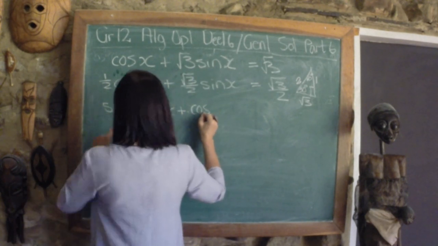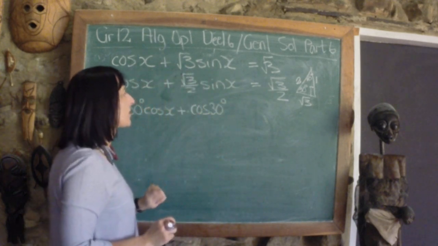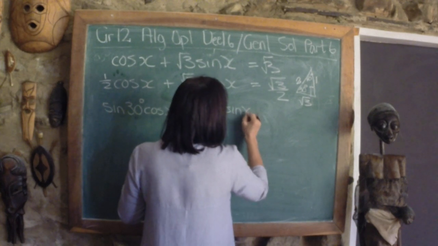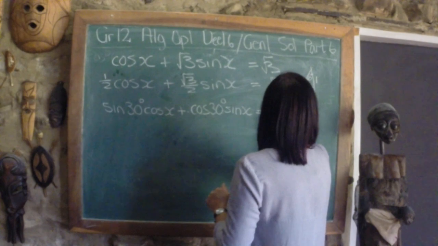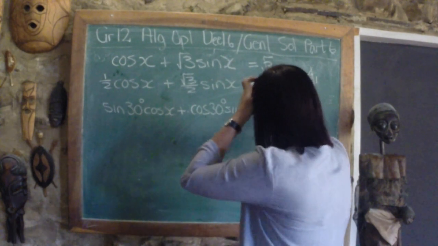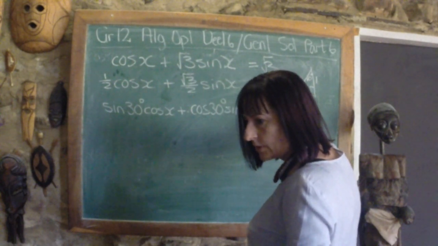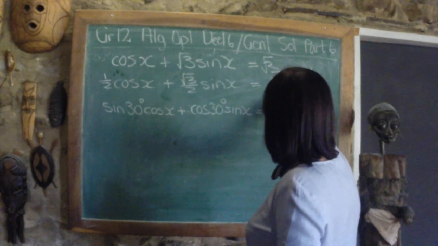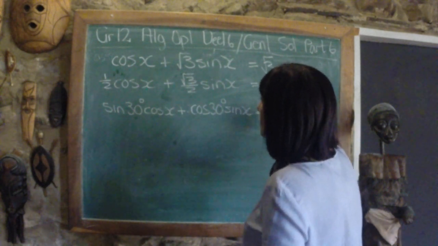If I look at 30, then I have adjacent on hypotenuse, so it's going to be the cos of 30, and I want these angles to be the same in size, so I'm going to use the cosinus of 30. And that's going to be, again, root 3 on 2.